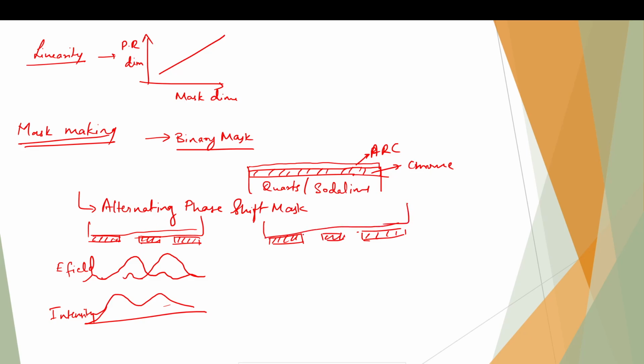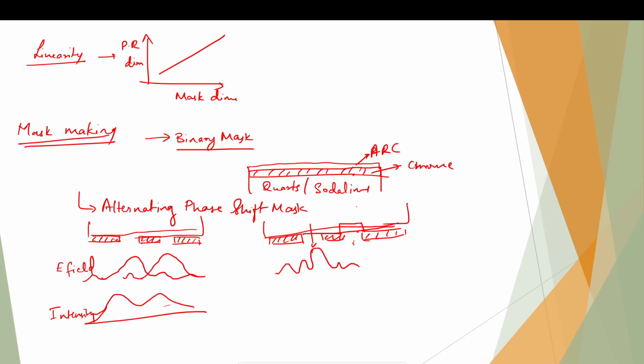So now here what I will do is, I will etch some part of the glass as well, or some part of whatever transparent material we have. So because of that, there will be a phase shift introduced between the light coming from here and the light coming from here, and then I make sure that this etching is such that the phase shift between these two is pi.